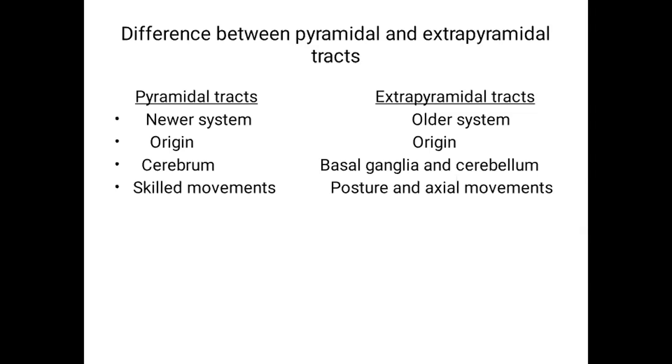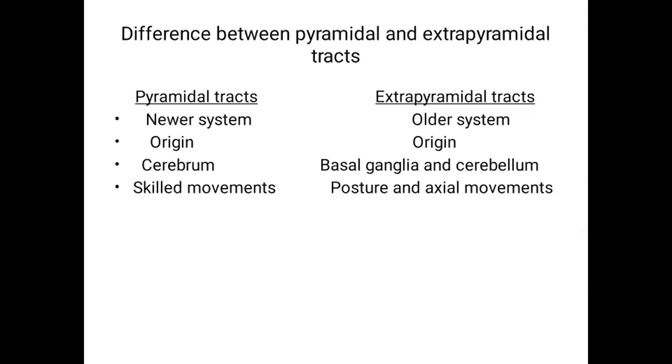The pyramidal tract is predominantly under cortical control, whereas the extrapyramidal tract is predominantly controlled by the basal ganglia and cerebellum.